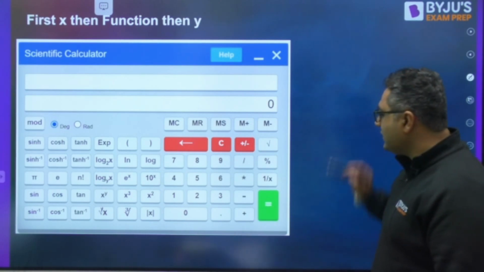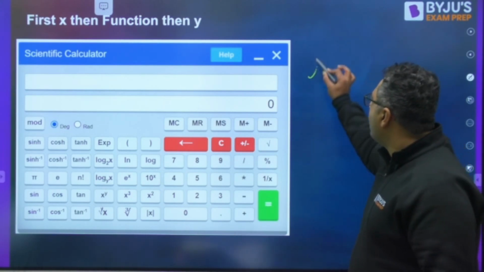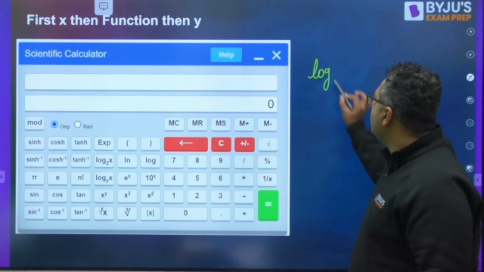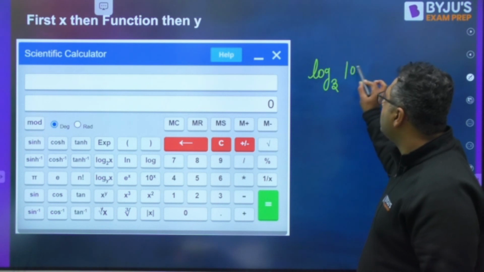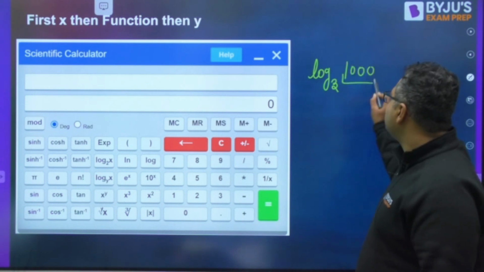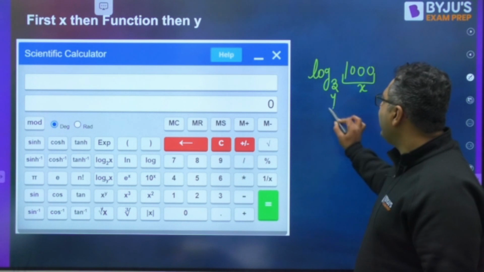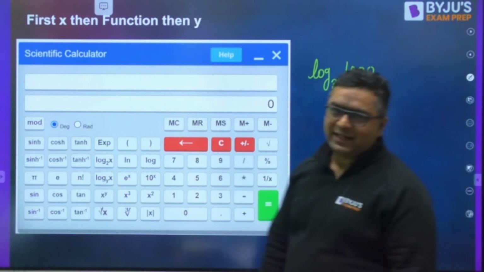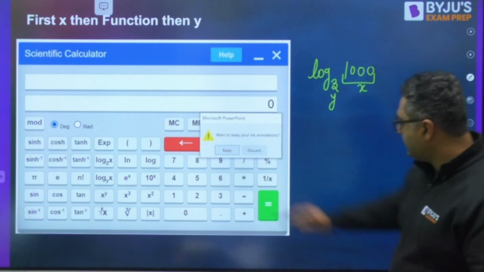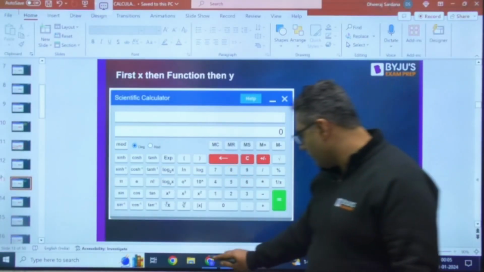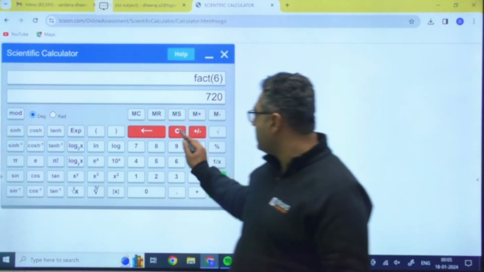So my dear, let us say you want to go for log base 3 and you want to find it for 1000. So this is x, this is y. So you would go for first x, then function, then y. Let us try this. We will clear the screen.